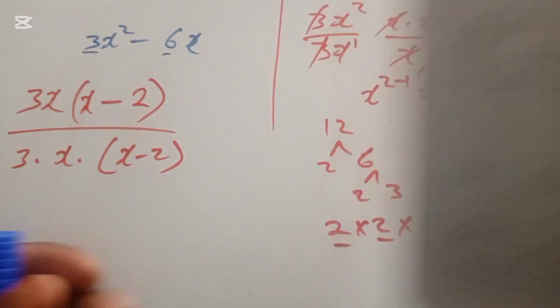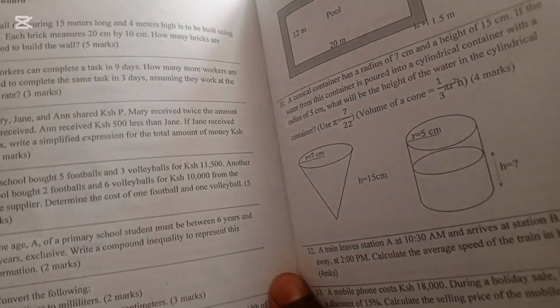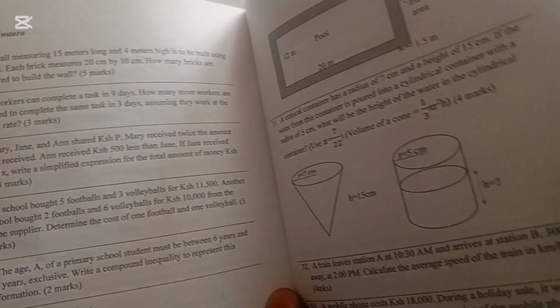Now we look at another question. Let us go to section B, around question 28 to 31. So we will do questions from section B at the end of this video so that you can understand how to interpret structured questions.